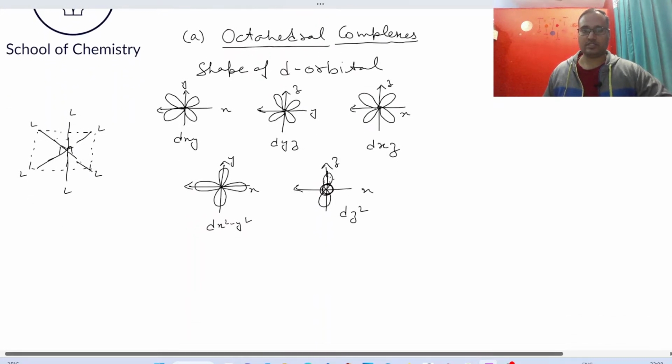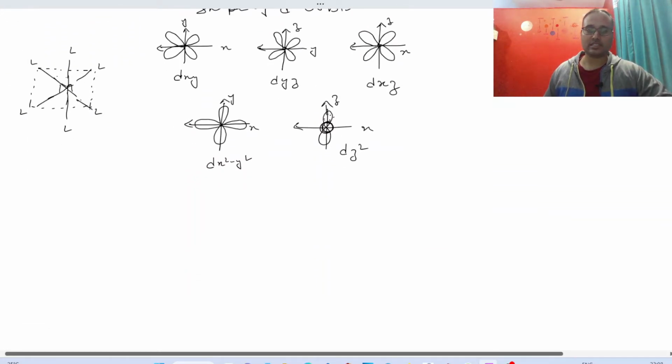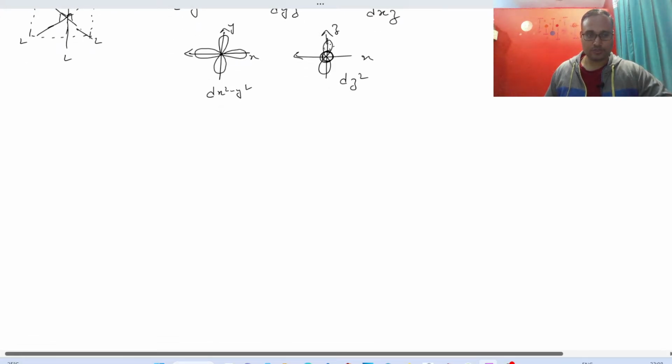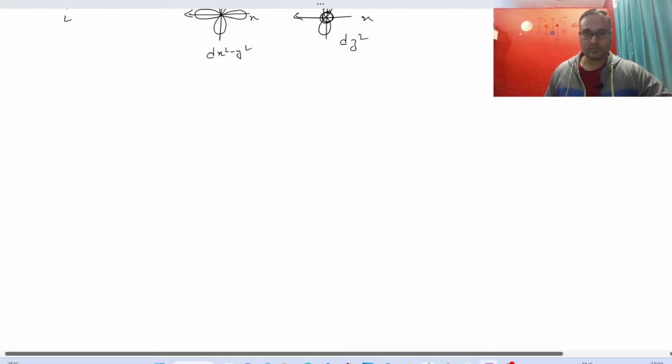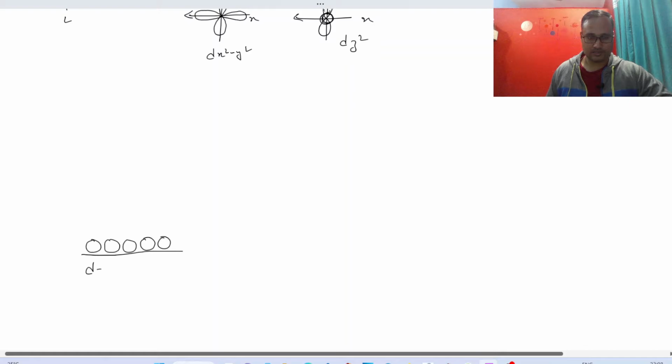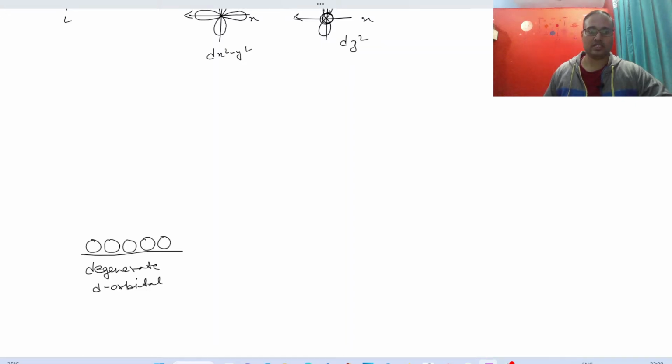So what will happen when these ligands approach the metal ion? Let me directly move to the degenerate d orbitals. This is how we represent the five degenerate d orbitals. Degenerate d orbitals means the d orbitals having equal energy.